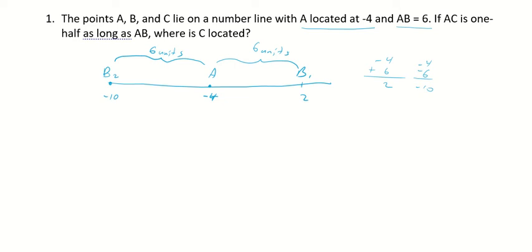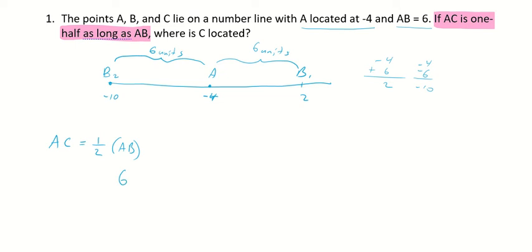Next part of the problem says if AC is 1/2 as long as AB, that is a math sentence written in English. And in mathematics or algebra, the distance from A to C equals 1/2 as long as the distance from A to B. Well, we know that AB is 6 units.